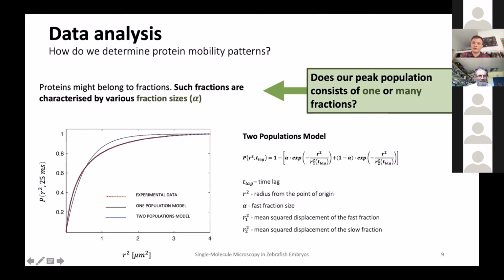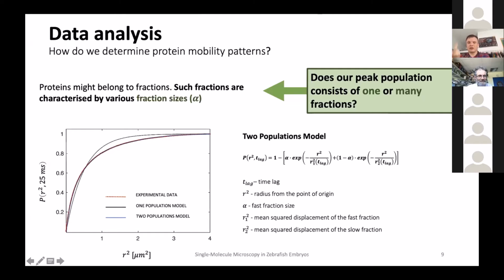So this population model gives us the information about the fraction size, the square displacement of the fast fraction, and the square displacement of the slow fraction. So we know that our HRAS exists in two different fractions with differing square displacements. So we now have information about three parameters: fraction size and square displacement of each of the fractions.